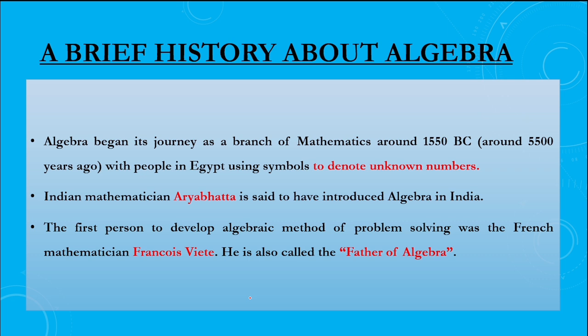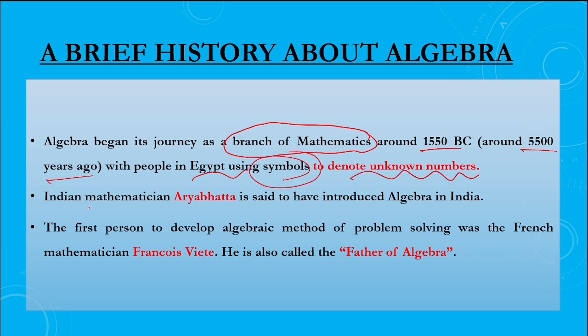A brief history about algebra. Algebra is a branch of mathematics which began around 1550 BC, that is about 5500 years ago, in Egypt, using symbols to denote the unknown number.